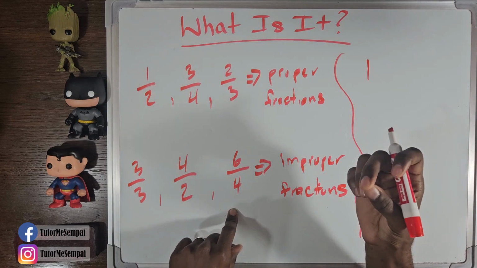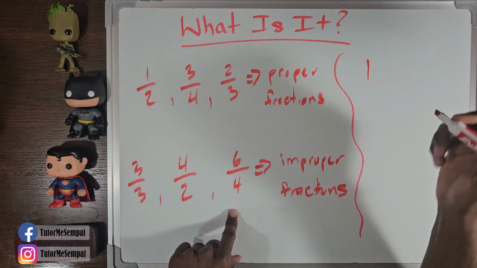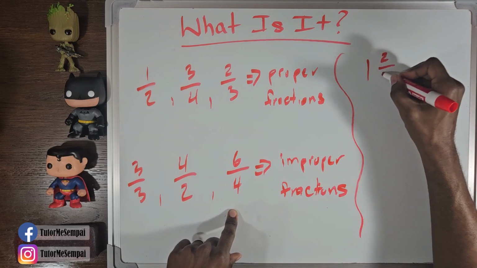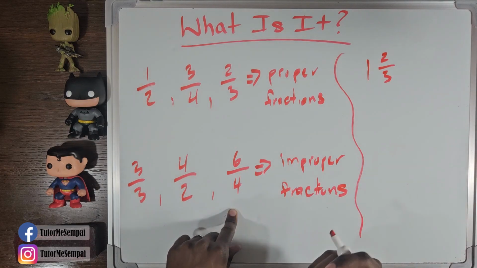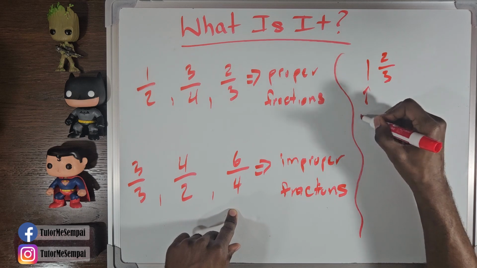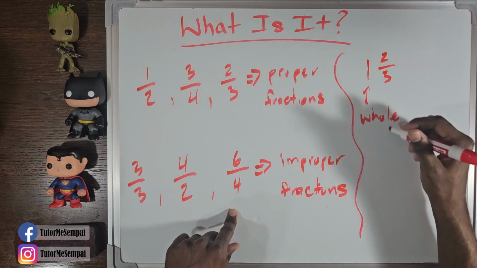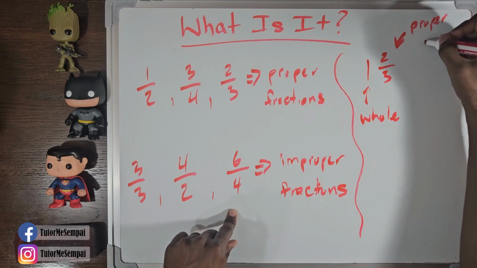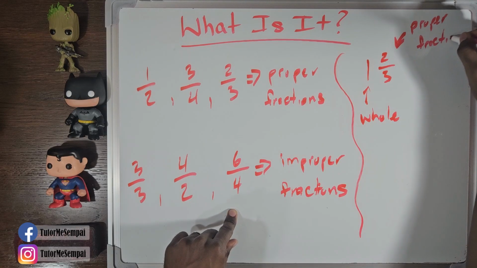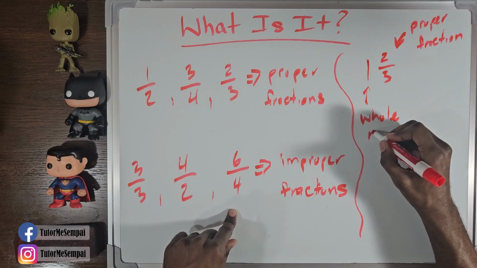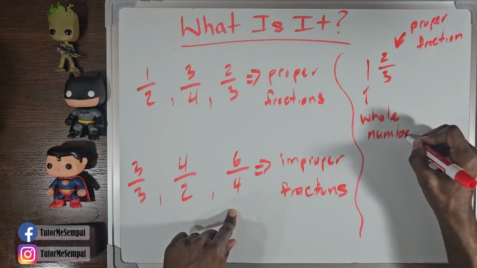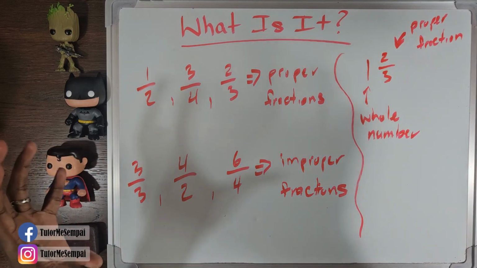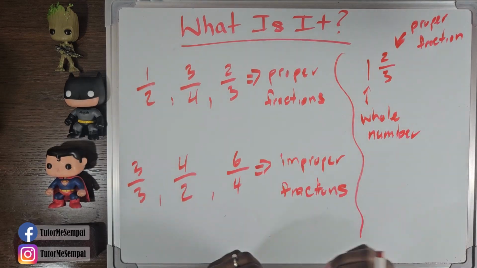The numerator has to be less than your denominator. So something like this is a mixed number. Notice there's a whole number component and a proper fraction component. Put those together, that's your mixed number.